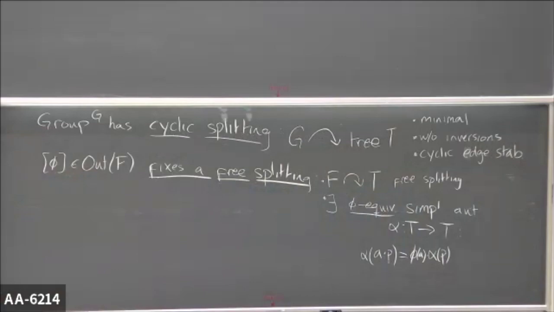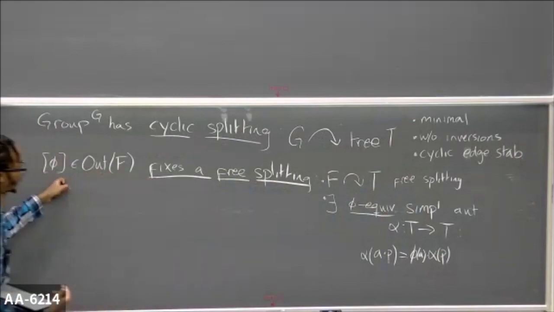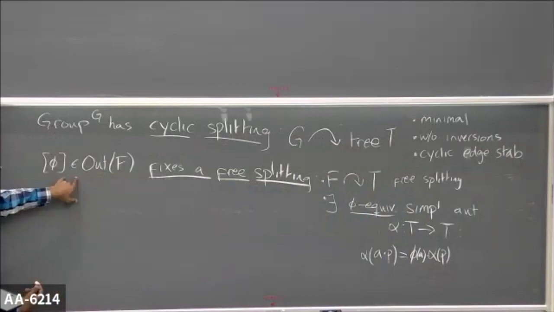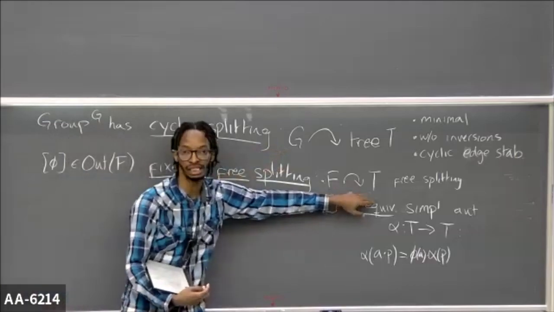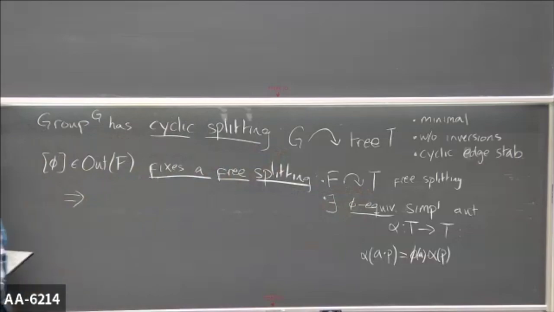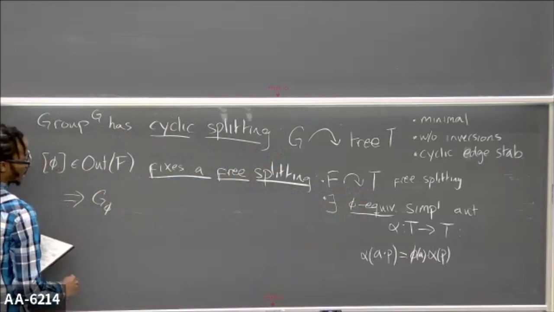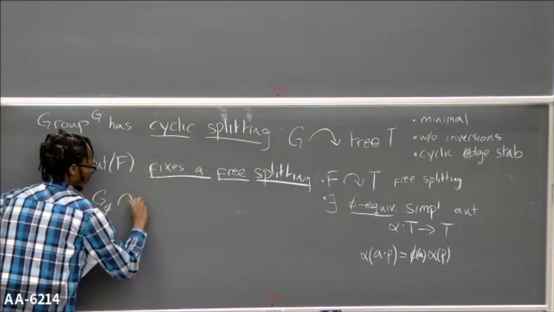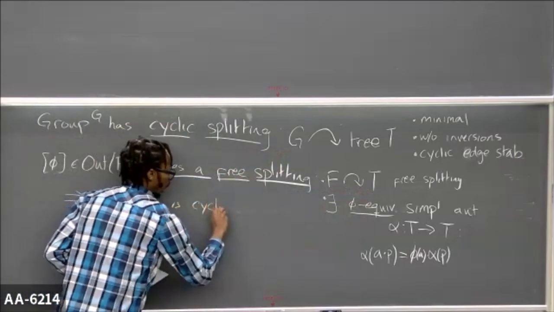This is another example of a fixed free splitting. And the point here is that if you have a fixed free splitting, then you can extend this to an action of G phi, the free-by-cyclic group, onto the same tree T. So having a fixed free splitting implies that G of phi acts on the same tree T as a cyclic splitting.